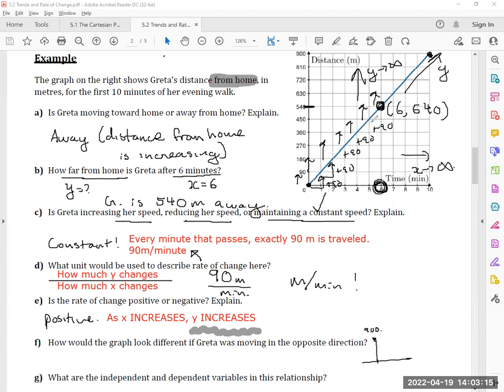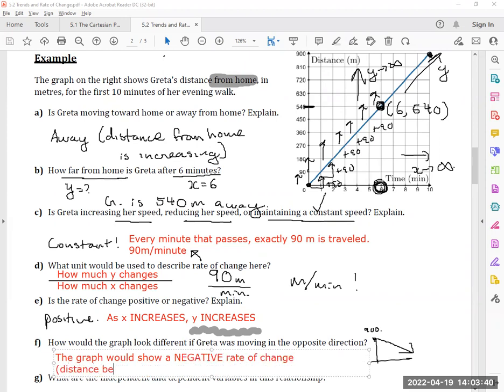I'm getting closer and closer to home, right? So if I'm getting closer and closer to home, I would see a downward trend, aka a negative rate of change. So our graph would show a negative rate of change. Right? Why? Distance to home gets smaller or decreases.